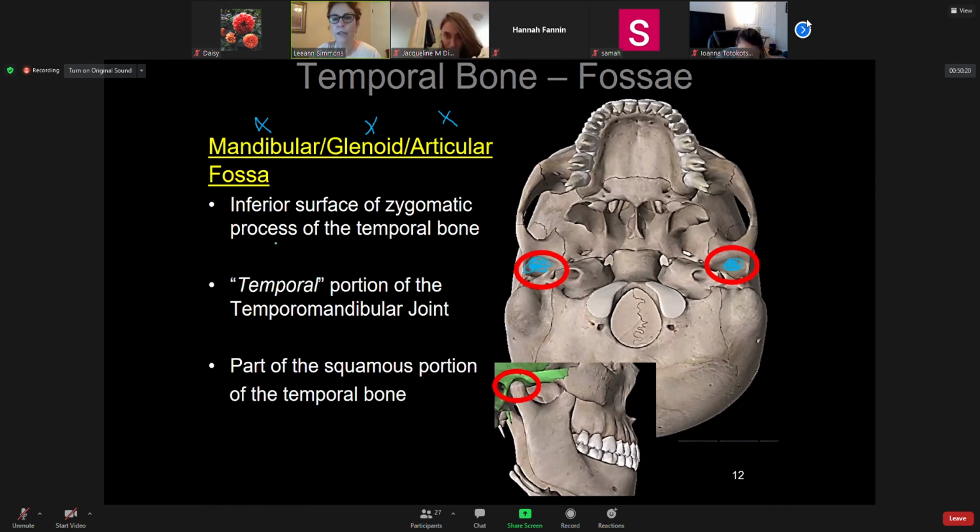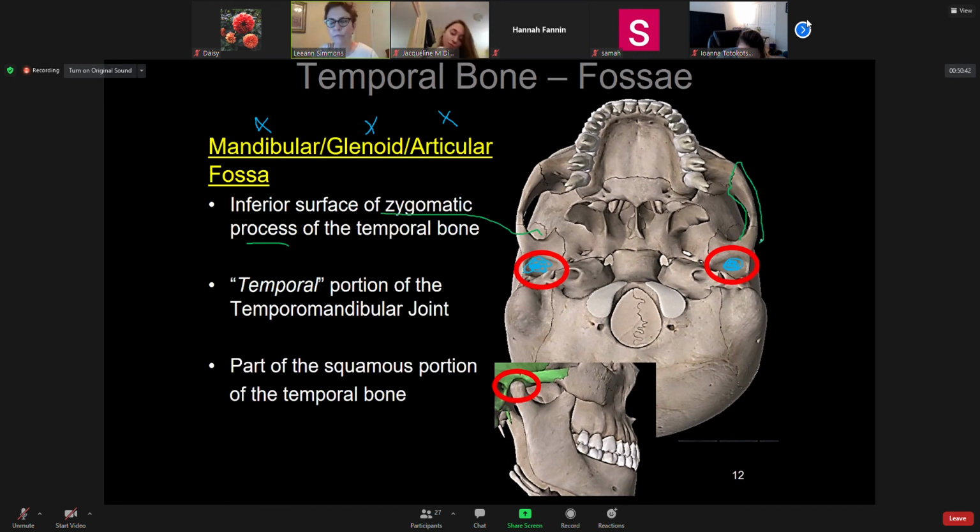If you look at your skull, here is the zygomatic process. It comes up and touches the zygomatic bone here. That is your zygomatic process.